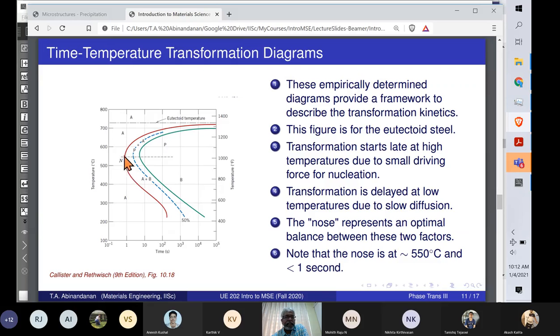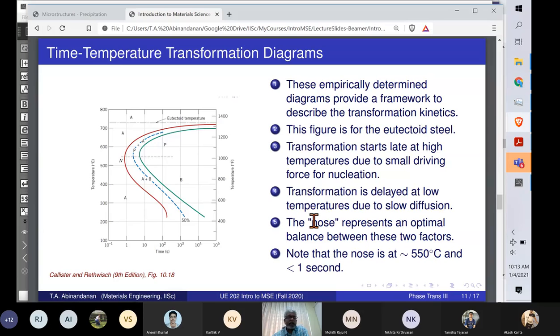And like I said, in the case of precipitation, as you come down to lower and lower temperatures, carbon diffusion becomes more and more sluggish, and therefore things become slow. And therefore, if you look at what happens in these steels, nothing much happens until later times at low temperatures as well. So in between, there is this nice sweet spot, and this N represents the location called the nose.